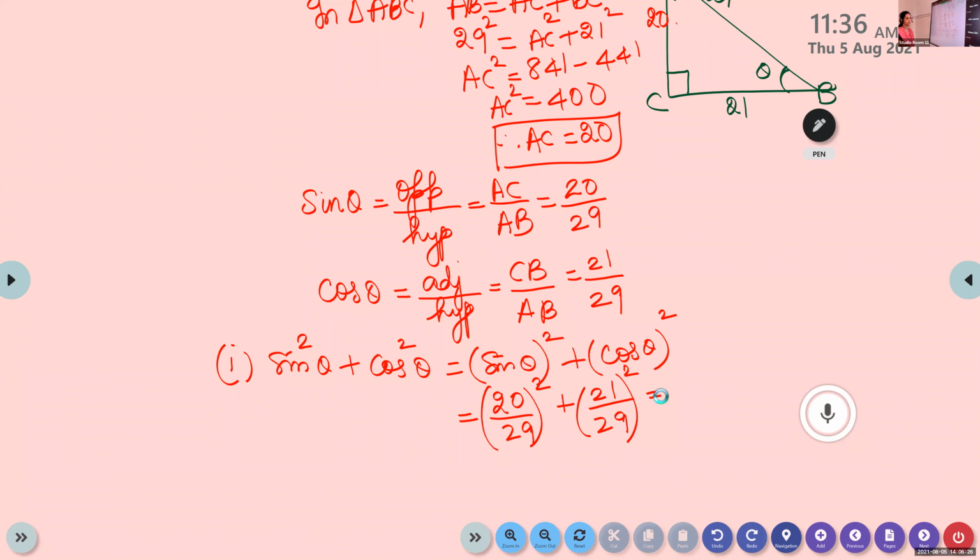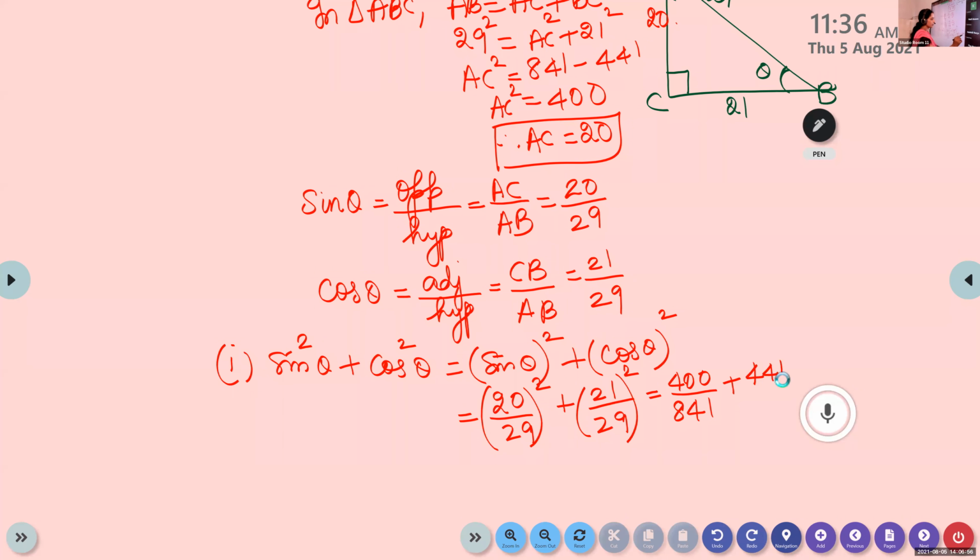What is 20 square by 29 square? 400 by 841.